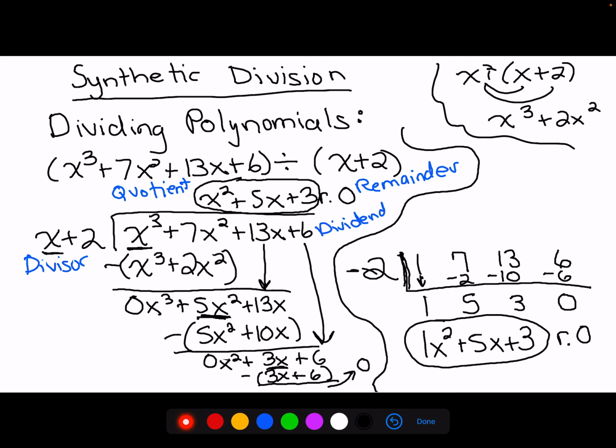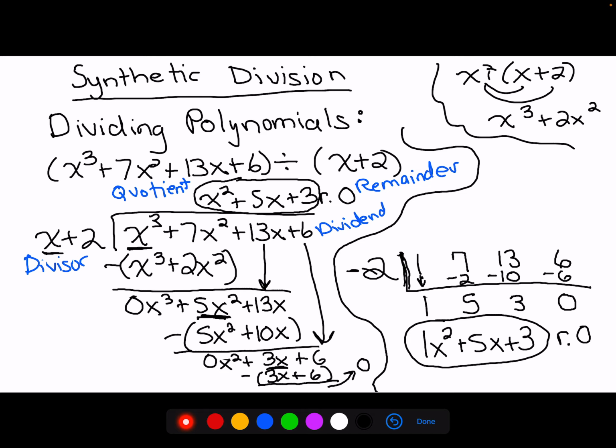And then later on, x times what gives us 5x squared? We knew we needed a 5 and then an x. And then later on, x times what gives us 3x? We knew we needed a 3. So in all of those, we were looking at what were the coefficients needed. And then the variables just kind of fell into place, counting down.